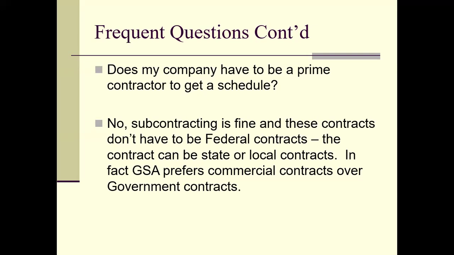Well, the commercial contract usually doesn't have as deep of a discount, and they feel that using the commercial contract as the basis, they'll in fact get further discounts into their pricing, which is certainly one of the major objectives for the government to have a GSA schedule. So the commercial contracts are normally preferred.